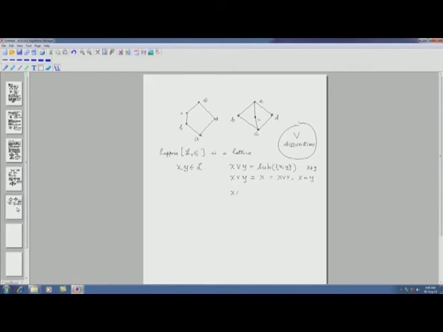Similarly, I define x conjunction y as the greatest lower bound of the set x y when x is not equal to y, and equal to x, or you could write y as well, in case x equal to y, and this symbol is called conjunction.